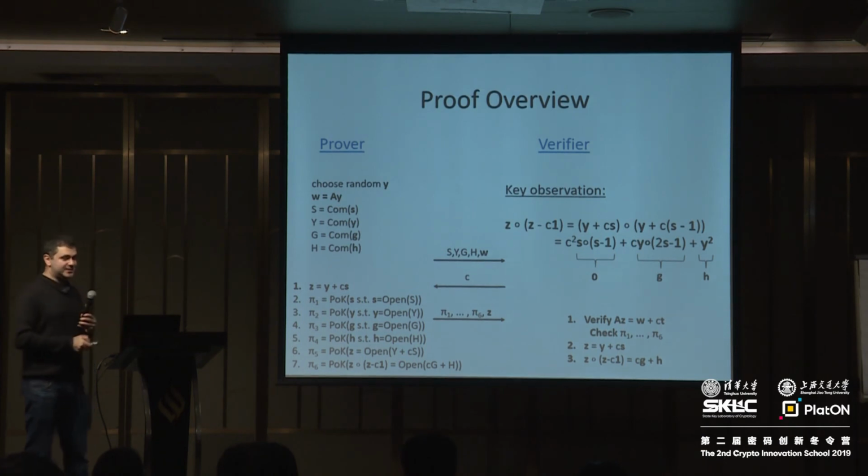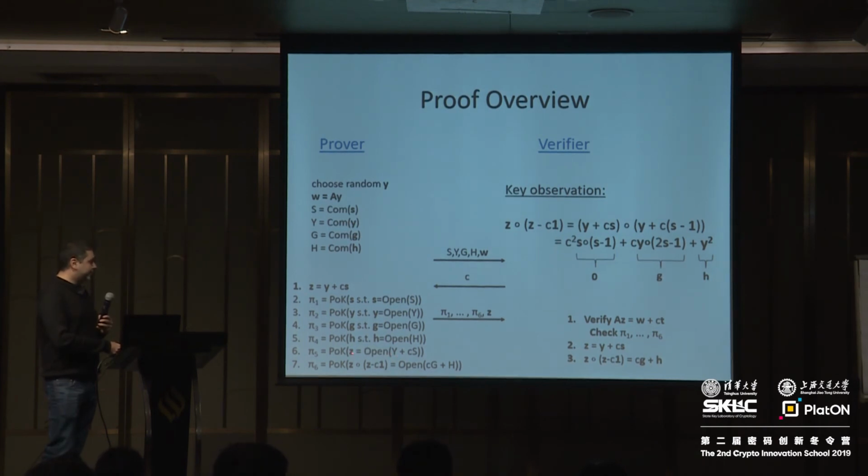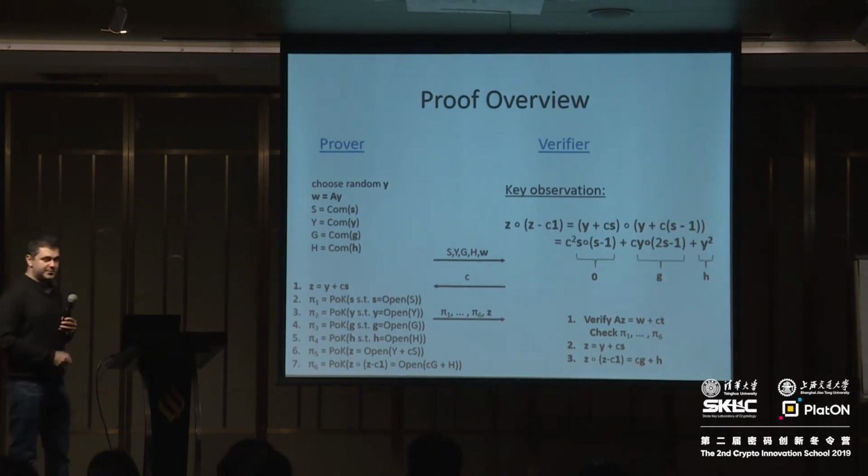If he's convinced of all the proofs, then it implies these 2 things. From this one you get that z really is y plus cs. And from this one you get that the component-wise product of z with z minus c times 1 is really cg plus h. So he proved that he really can open all the commitments, using the homomorphic properties.